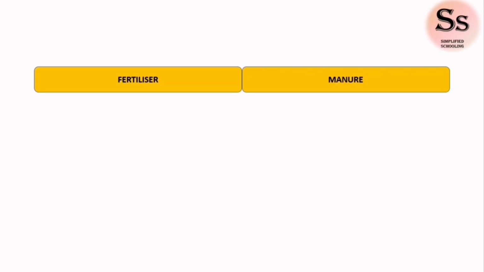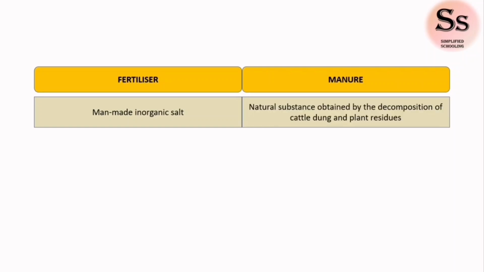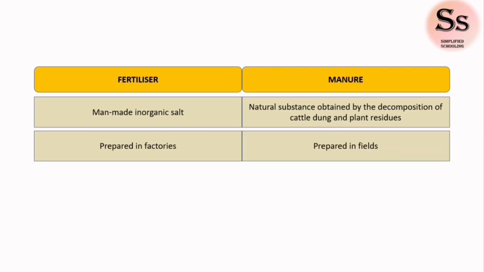Now let's have a look at the differences between fertilizer and manure. Fertilizer is a man-made inorganic salt, whereas manure is a natural substance obtained by the decomposition of cattle dung and plant residues. Fertilizer is prepared in factories, whereas manure can be prepared in the fields.